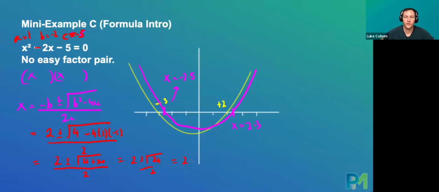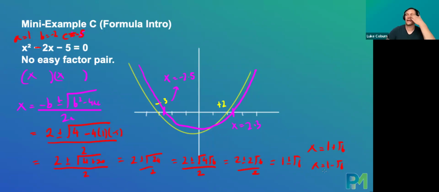And we can't get the square root of 24, but we can get the square root of 4, which is 2 plus or minus 2 times the square root of 6 all over 2. The 2 cancels, so it's 1 plus or minus the square root of 6. So this gives me an x equal to 1 plus the square root of 6 and an x equal to 1 minus the square root of 6.